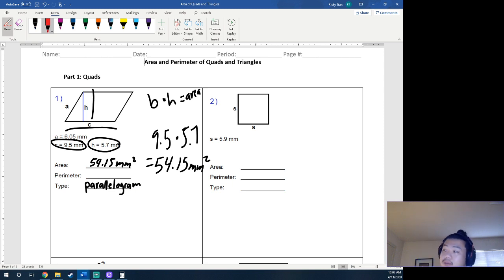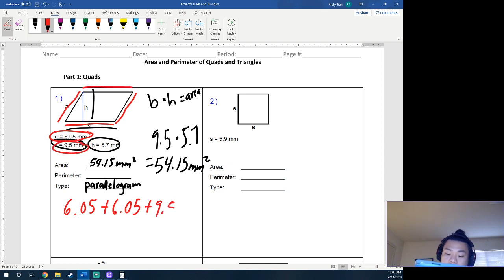Now perimeter is just add all the sides. So we have to add this plus this plus this plus this, which means we're going to take A and multiply it by 2. So 6.05 plus 6.05. And then we have to add C 2 times, so 9.5 plus 9.5.